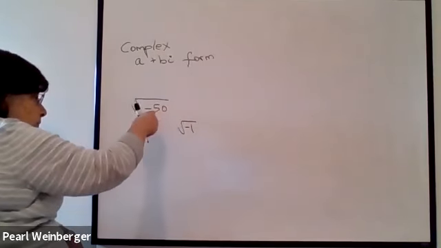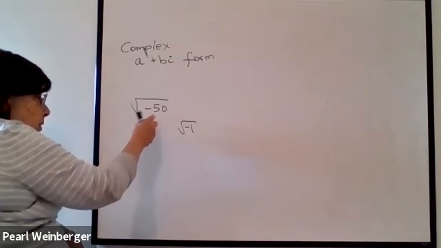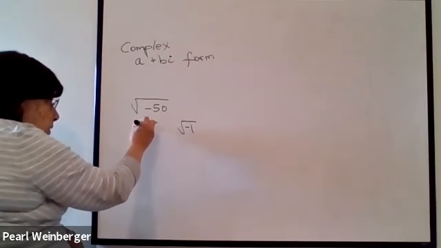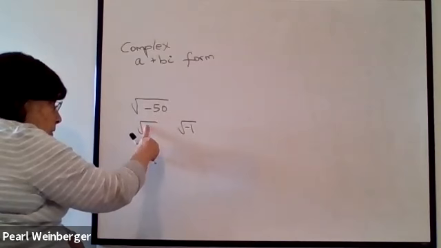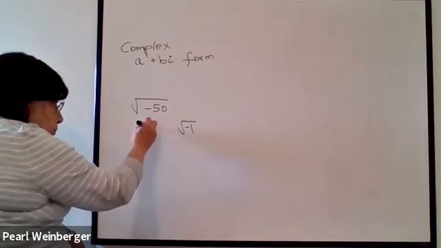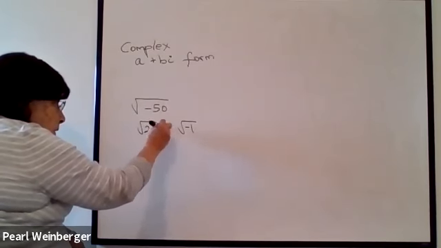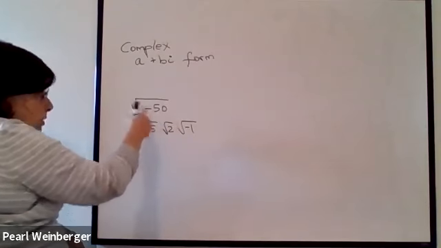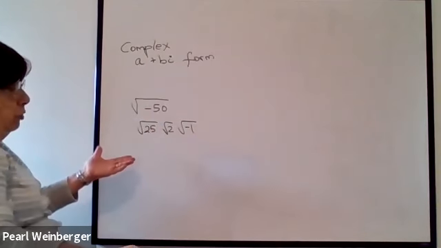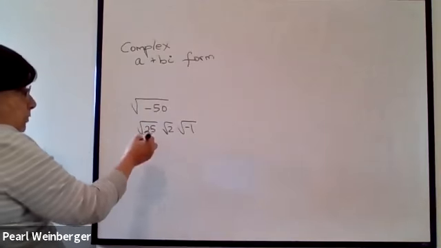That's one piece of it. And the 50 part, I'll break up into 25, which is a perfect square, and 2. Like we did before, whenever we had 50, we broke it up into 25 and 2.